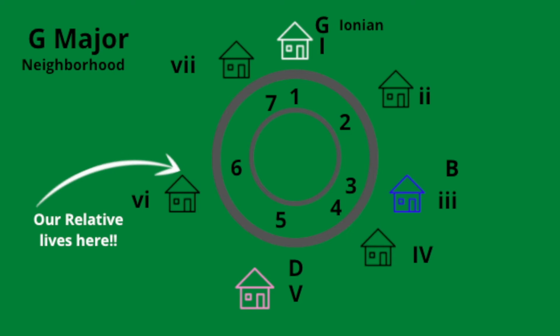So here in G major, our relative minor is going to be E minor. And A, you'll have that F sharp. And in E, you would have C sharp.